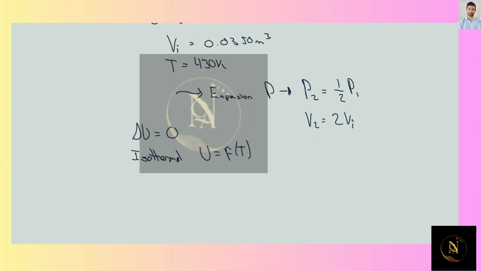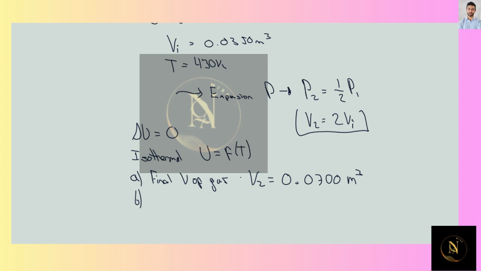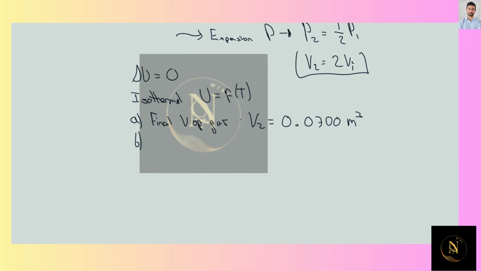In part A, we want to know the final volume of the gas. As I mentioned, it is going to be double the initial volume, so the final volume would be 0.0700 cubic meters.